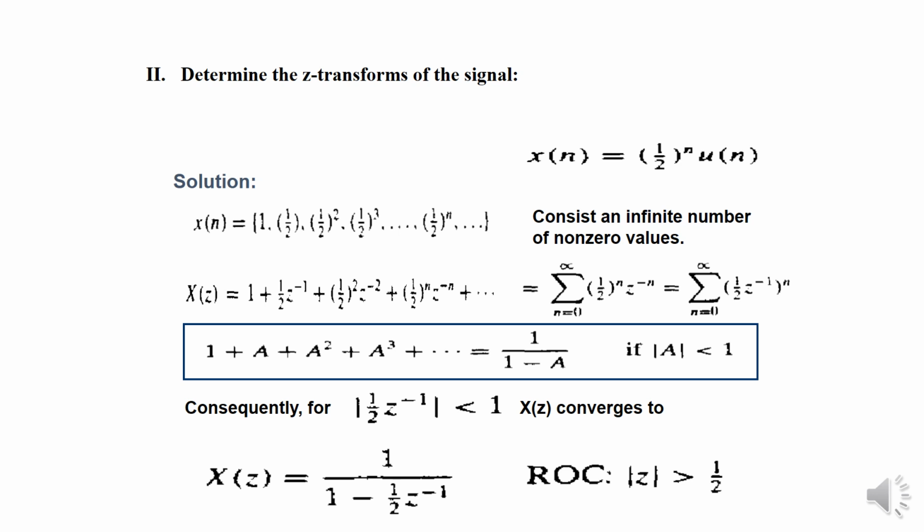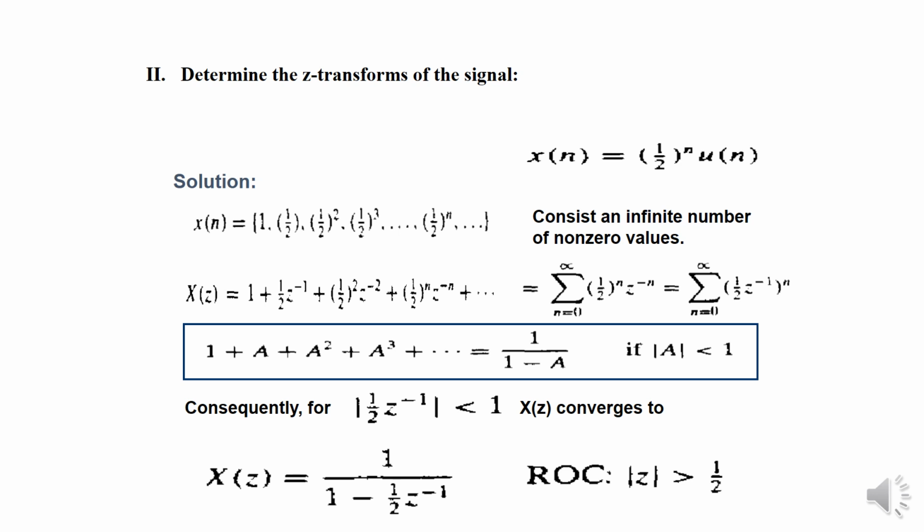Then we can write it as sigma n equals 0 to infinity of (1 over 2 z to the power minus 1) to the power n, right? As you can remember, previously we also used this formula: sigma n equals 0 to infinity of a to the power n is equal to 1 over 1 minus a, if the magnitude of a is less than 1. Here, the magnitude of 1 over 2 z to the power minus 1, when that is less than 1, X(z) converges.